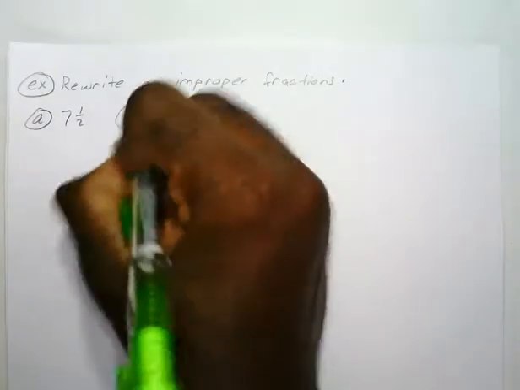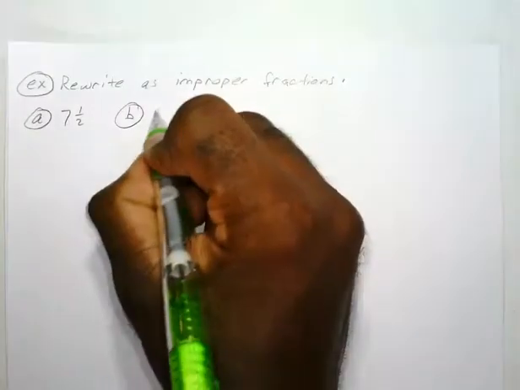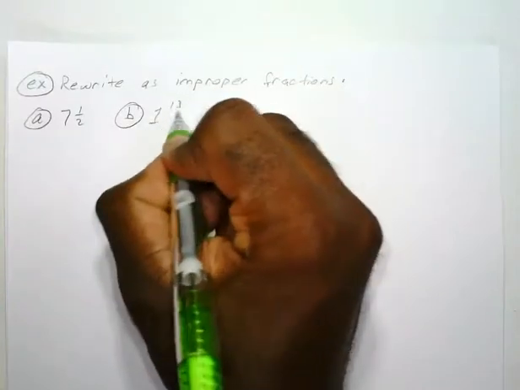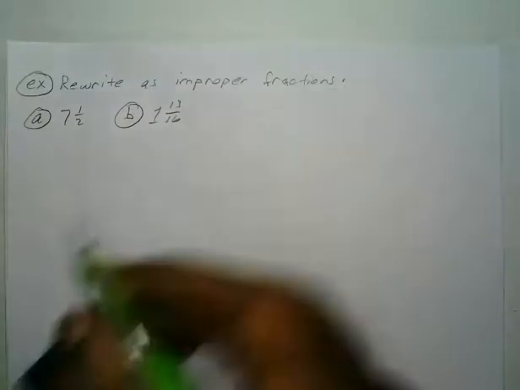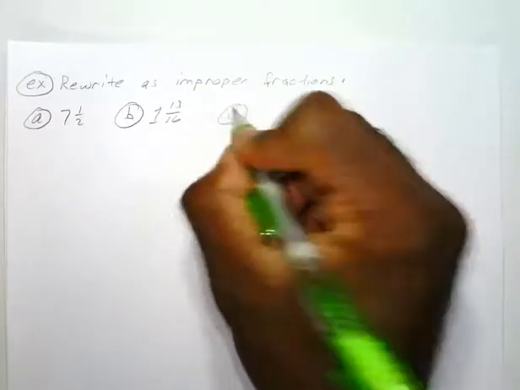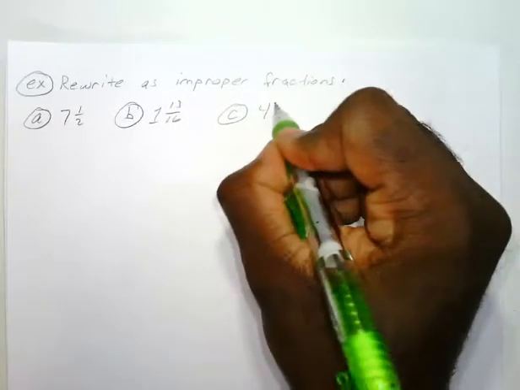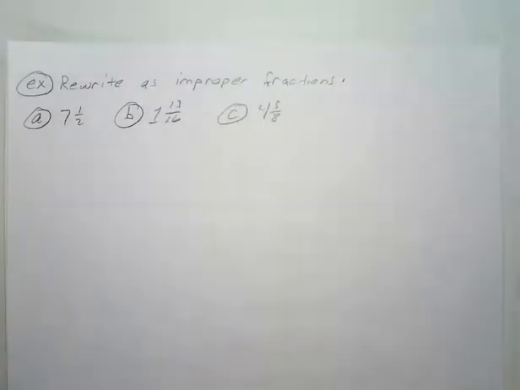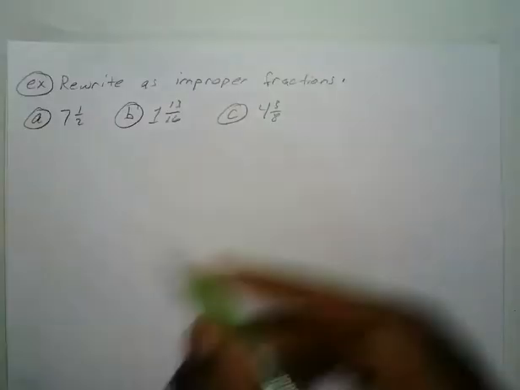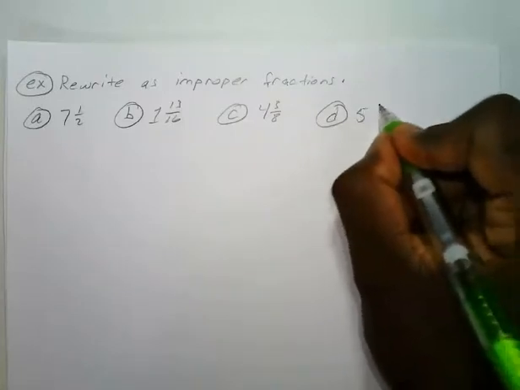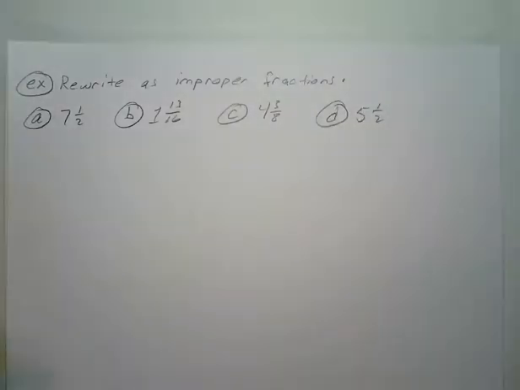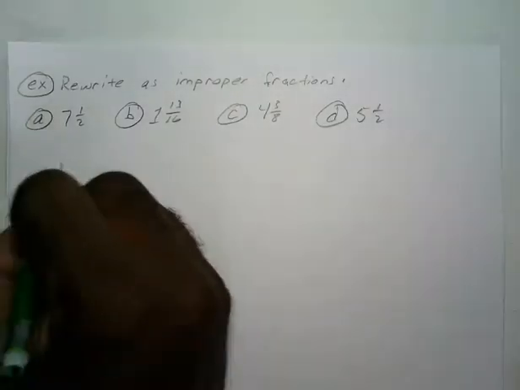Say for problem B, you have 1 and 13/16. For problem C, you have 4 and 3/8. And for problem D, you have 5 and 1/2. All right, so let's go ahead and solve these.